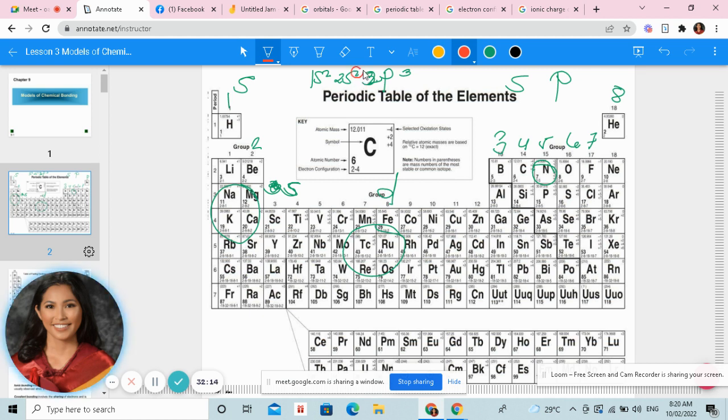We have 2 for S and 3 for P. So for the valence electrons of non-metals, we add the outermost electrons from the S and P orbitals. Now, in the case of transition metals, we add the S and D orbitals.